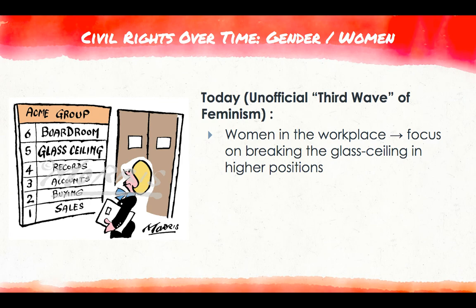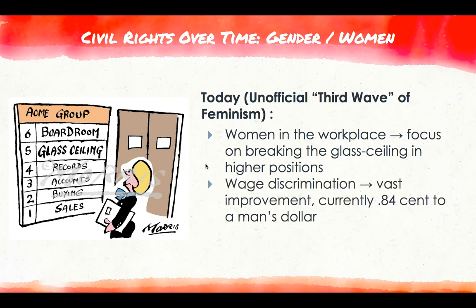Now, today we are in the unofficial third wave of feminism, and issues that are being focused on today in terms of civil rights for women are going to be, again, focusing on women in the workplace, not necessarily in terms of non-traditional female jobs, but breaking the glass ceiling in higher positions, right? Your more executive positions, your CEOs, your higher-ups in businesses tend to be predominantly male. So focusing on women breaking the barrier and becoming high up in companies like that.